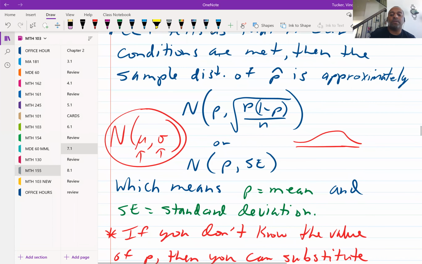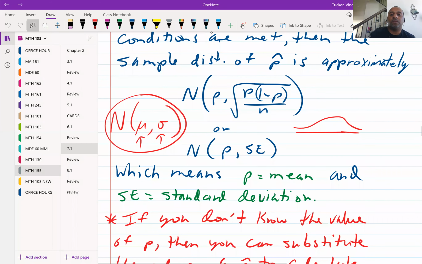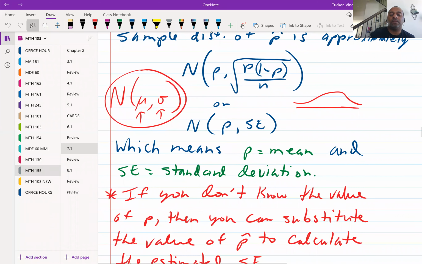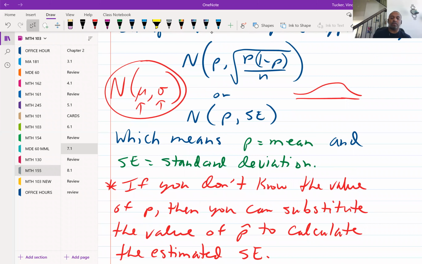All right, scrolling up some. And in red, C says if you don't know the value of p, then you can substitute the value of p hat, which is our sample proportion, to calculate the estimated standard error.